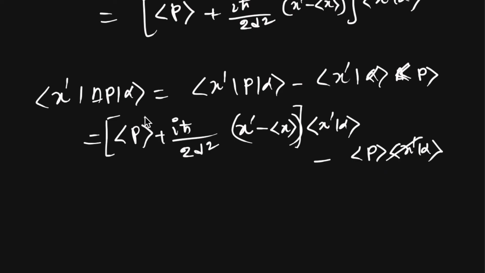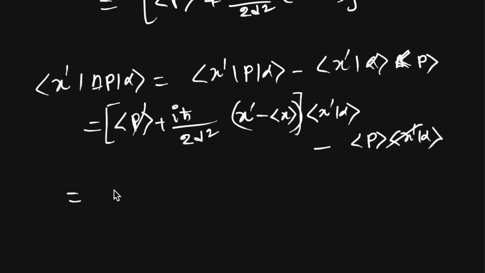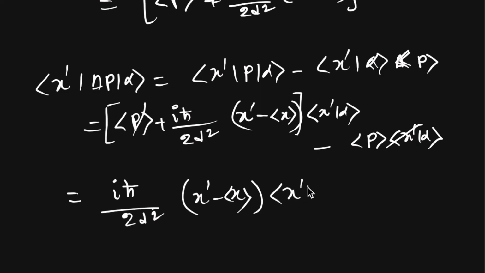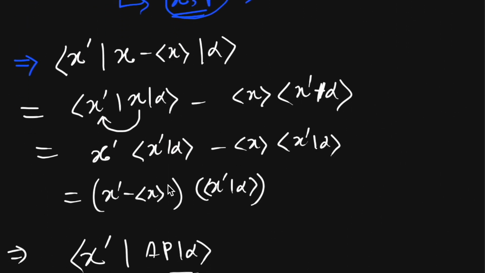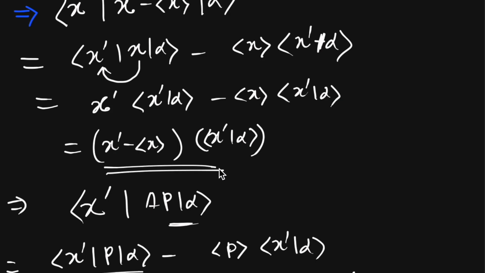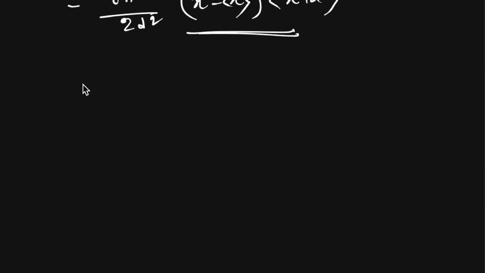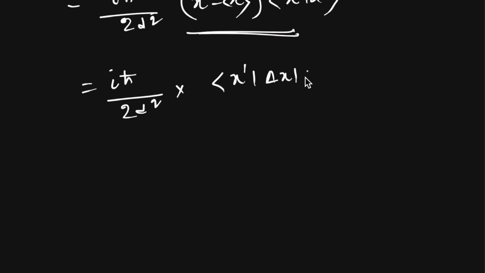So this term and this term will be cancelled. That means i h-cut by 2 d square, x minus expectation x, x prime alpha. But this term we have calculated already, this term is actually this. That means i h-cut by 2 d square into x prime delta x alpha.